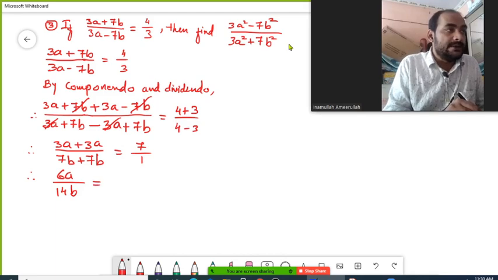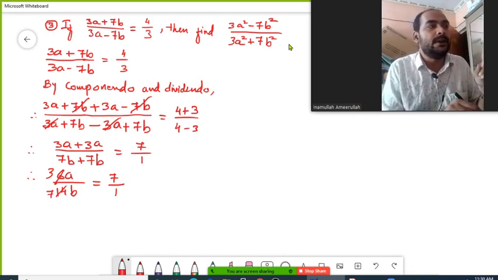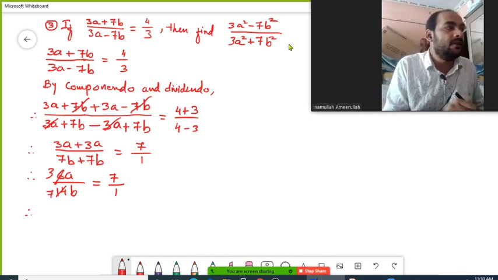So we can keep this 7 upon 1. Here we have 6 and 14, so you can divide the numerator and denominator by 2. So you will get 3 upon 7. This way, here we can keep a upon b. On the other side we have 7 upon 1.